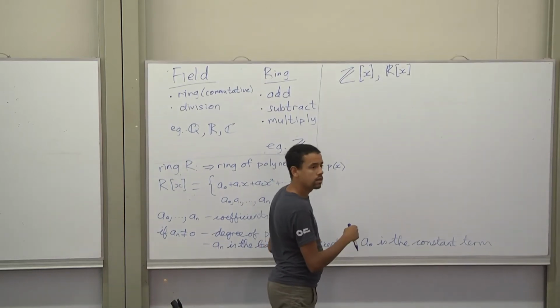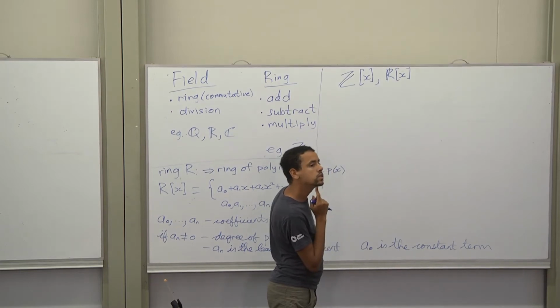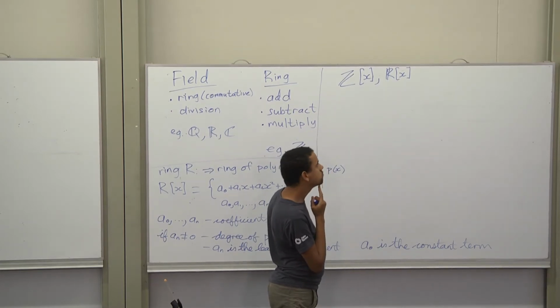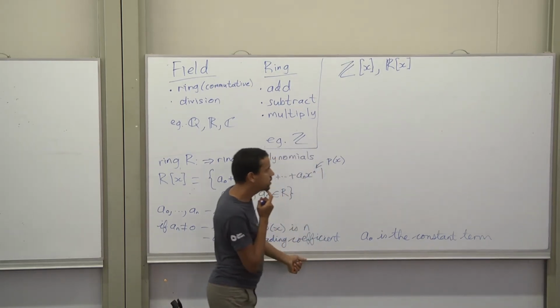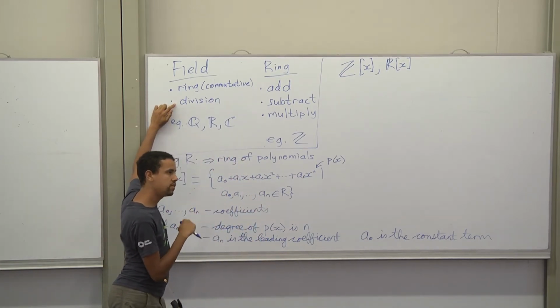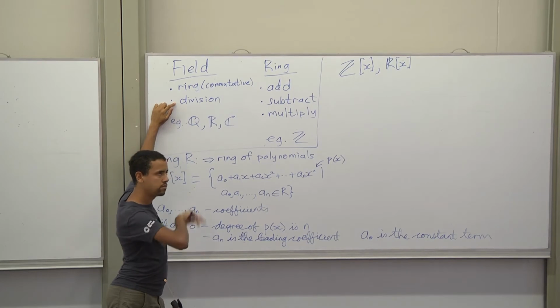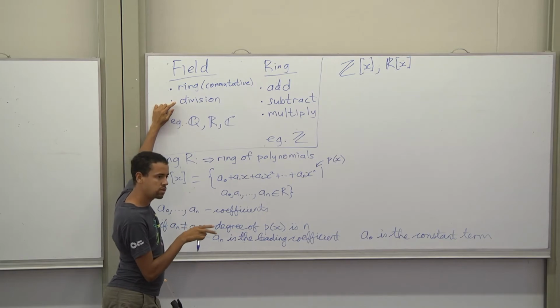Is it possible to define a field of polynomials where the denominator divides into the numerator? So for a field, you need to be able to divide any two elements, even if the denominator does not divide into the numerator. So if you just stick with polynomials, it's not a field.